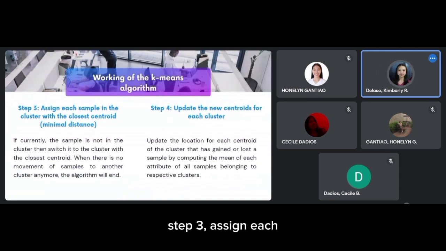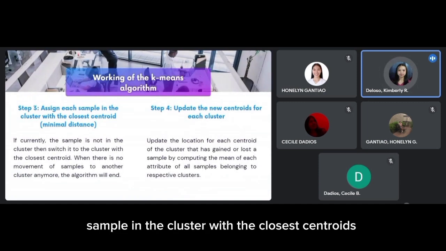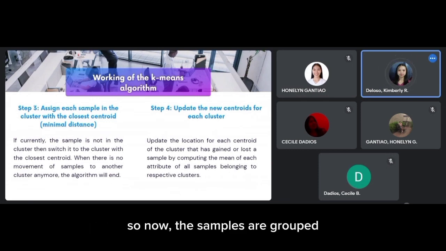Step 3. Assign each sample to the cluster with the closest centroid, the minimal distance. Now the samples are grouped on the basis of their distance from the centroid of each of the clusters. If currently the sample is not in that cluster, then switch it to the cluster with the closest centroid. When there is no movement of samples to another cluster anymore, the algorithm will end.